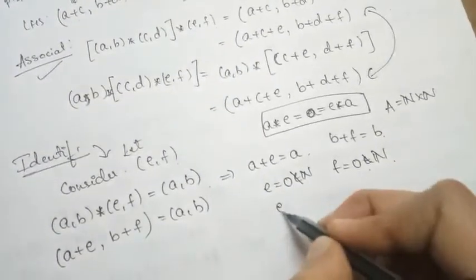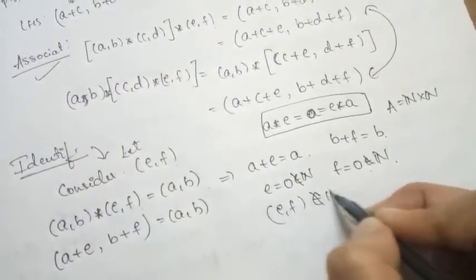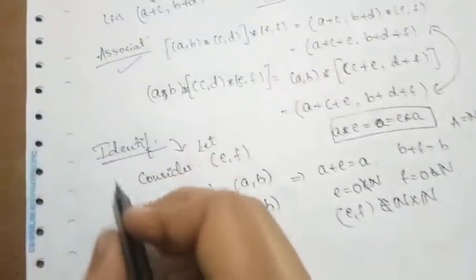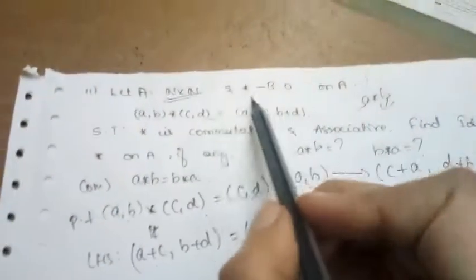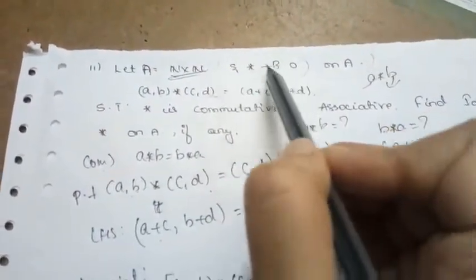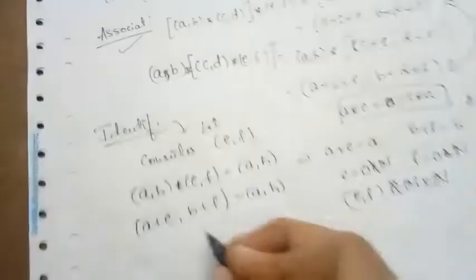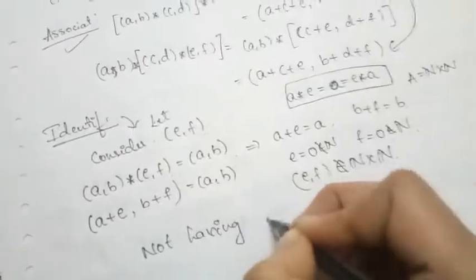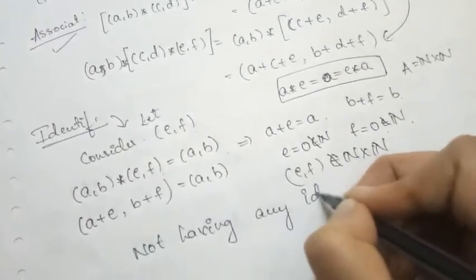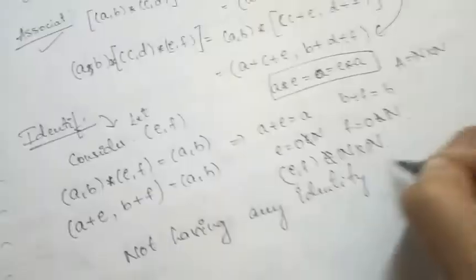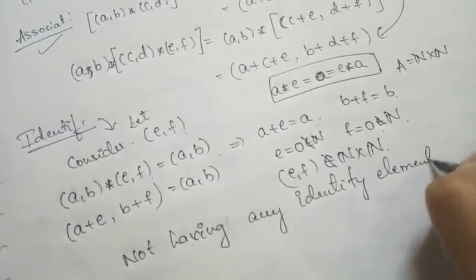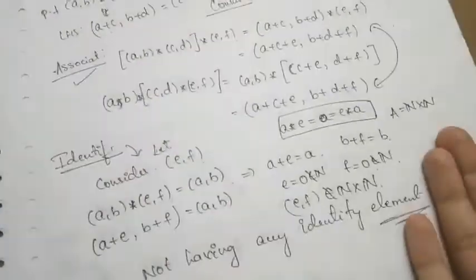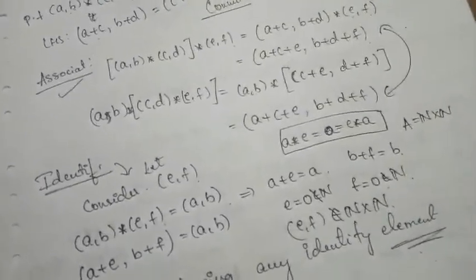So clearly (E, F) does not belong to the Cartesian product itself. So this binary operation is not having any identity element. So this is how we check whether the given binary operation possesses any identity element or not.